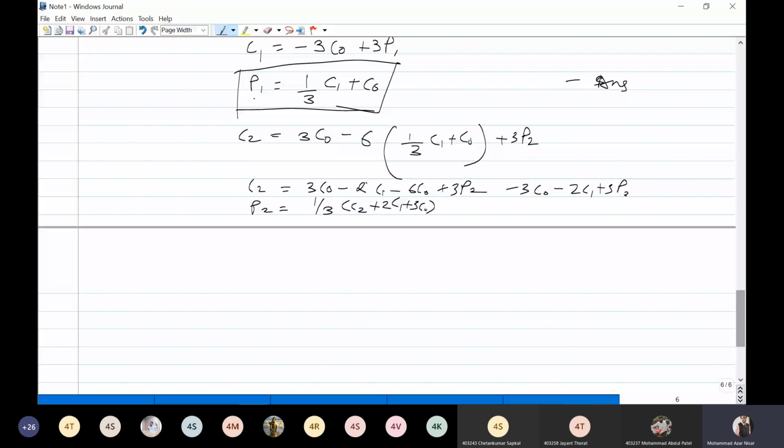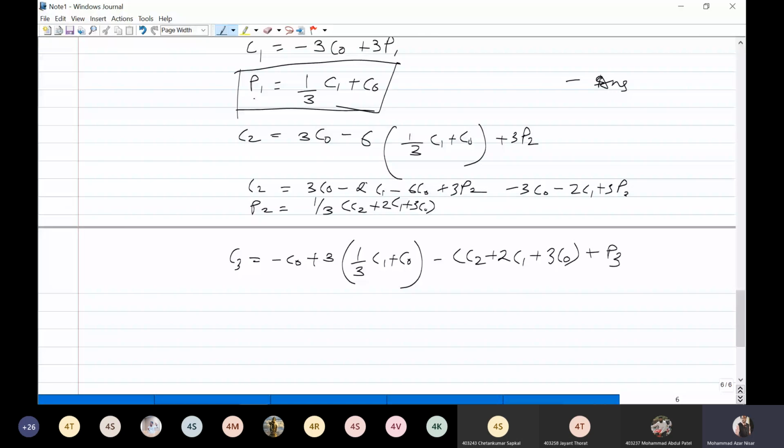Now to find out the P3 point, I will use the equations for P1, P2 and P0 in the C3 equation, that is minus P0, instead of minus P0 plus 3 bracket 1 by 3 C1 plus C0, then minus this C2 plus 2C1 plus C0, plus P3.